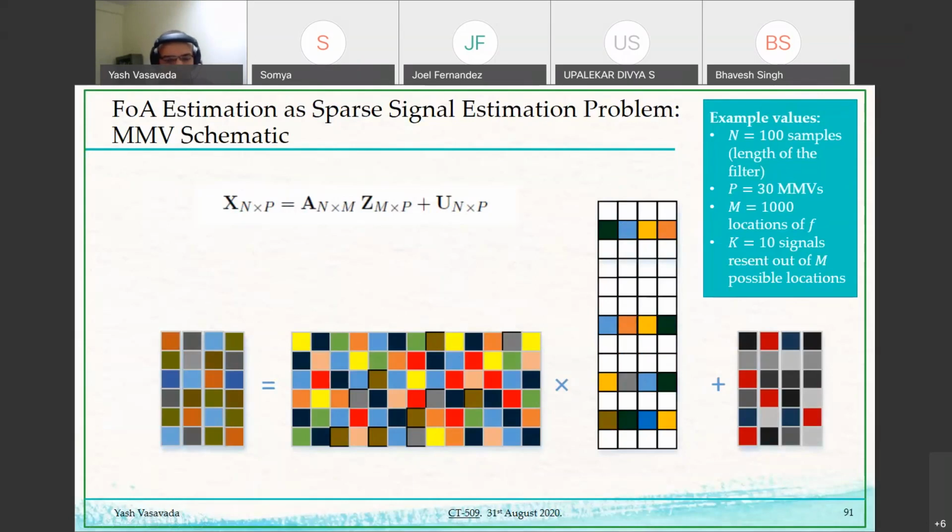Essentially, if some transmitter is transmitting at a particular frequency, that transmitter is going to be active over a certain number of samples. And unless we make this capital P, which denotes the number of columns, on both the right hand side and the left hand side of this equality, very large, we can safely assume that the sparsity is going to be a static scenario. The sparsity is not going to be dynamically changing with time.